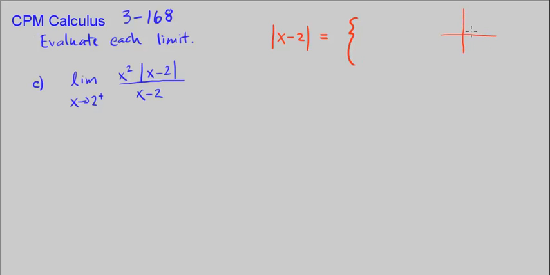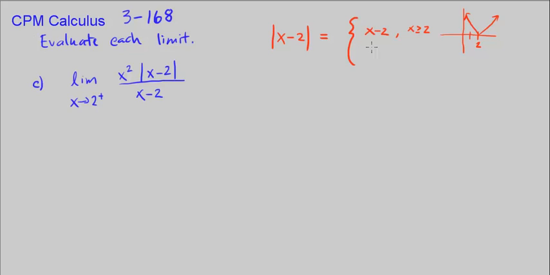It's basically the absolute value function shifted to the right by 2 units, right? And above, so this is 2. To the right of 2, we know that it is just x minus 2, right? And that is when x is greater than or equal to 2. And to the left of 2, on this side, we know that, well, whenever we have a negative value of x, it's going to be positive.